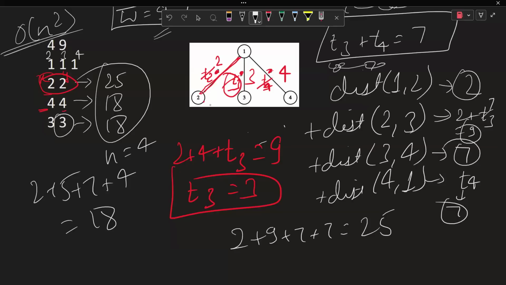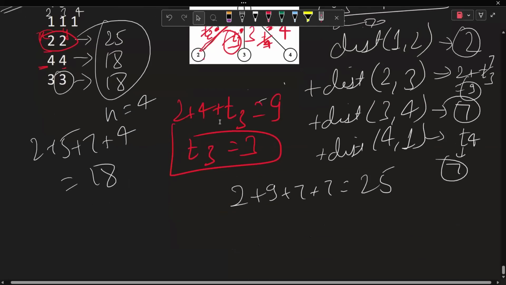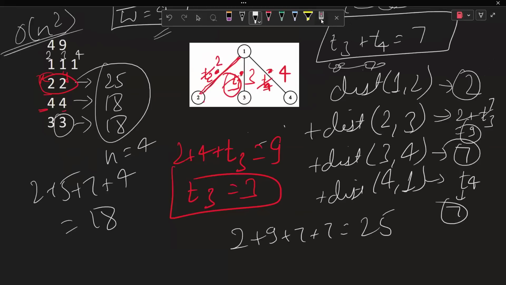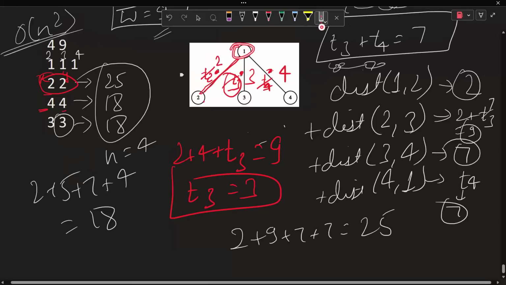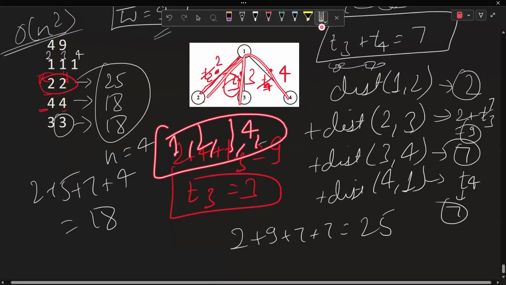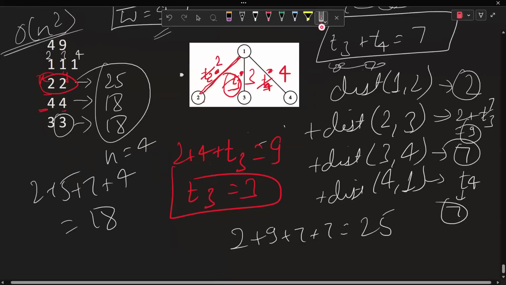So how can you do this? The first thing you need to notice here is this graph is given in such a way that the DFS ordering is always 1, 2, 3, 4. This is the DFS ordering. So basically, what all the distances you need to calculate is from 1 to 2, 2 to 3, 3 to 4, 4 to 1.